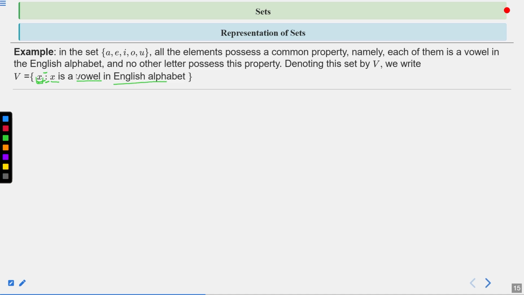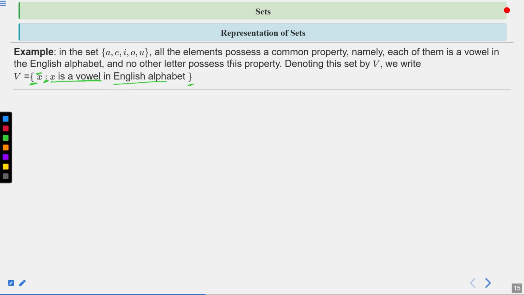So in set builder form, your set must be in between these curly braces, and in that you will have two parts. One is the collection of your x, your elements, and separated by this "such that", we read it as such that, and here we write the property.